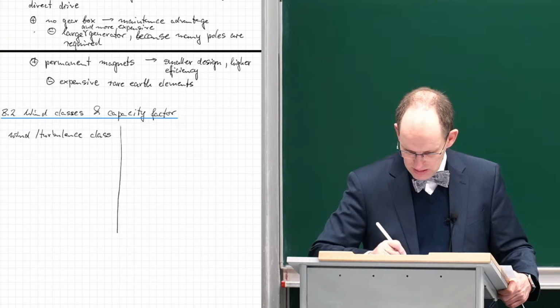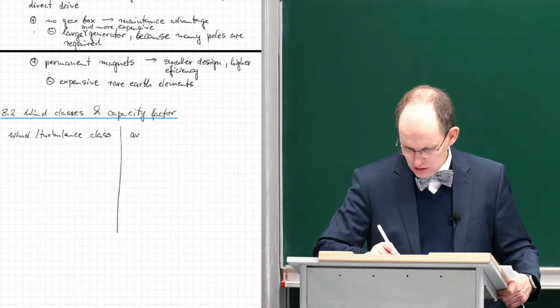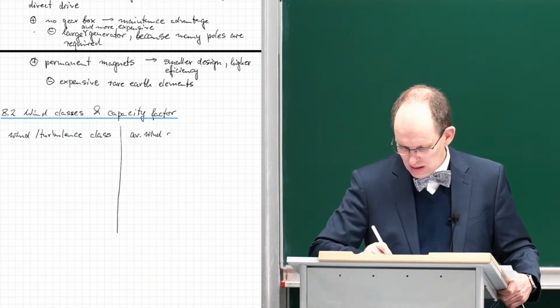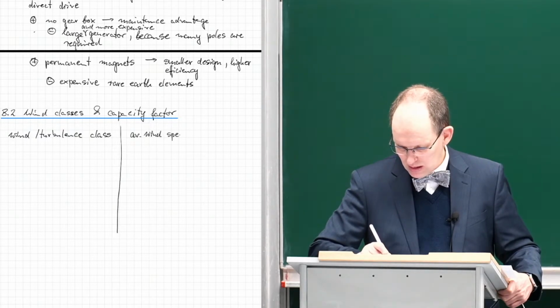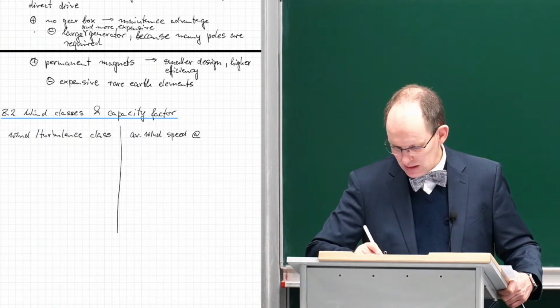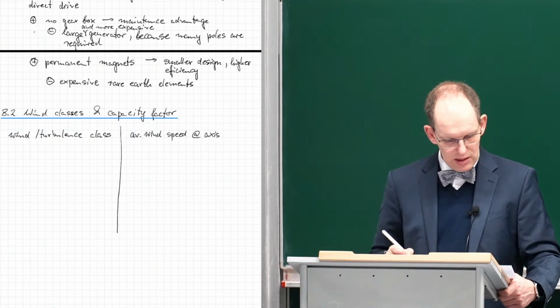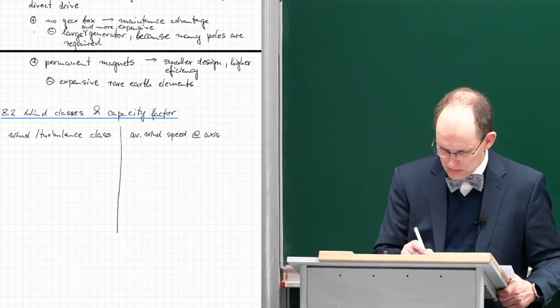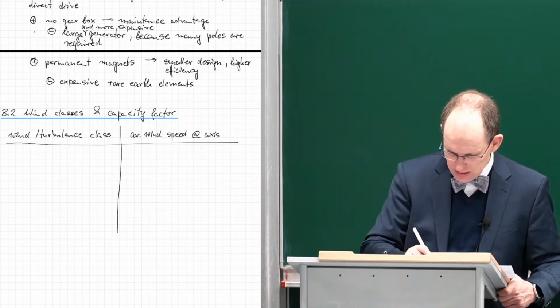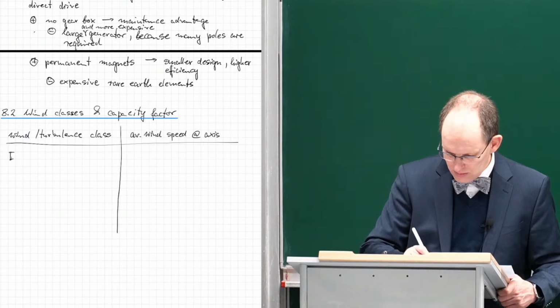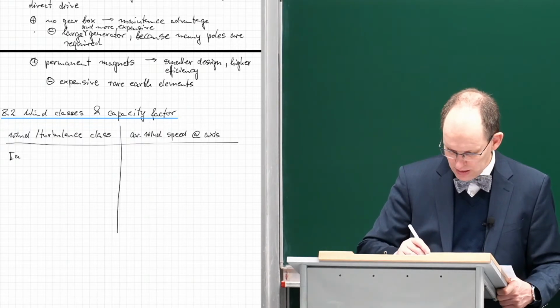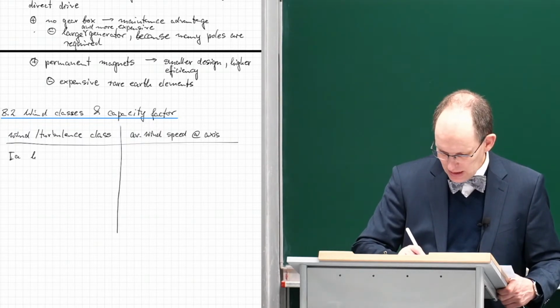So average wind speed at the axis. And yeah, so what we have here is class A, 1A, and this is high wind.